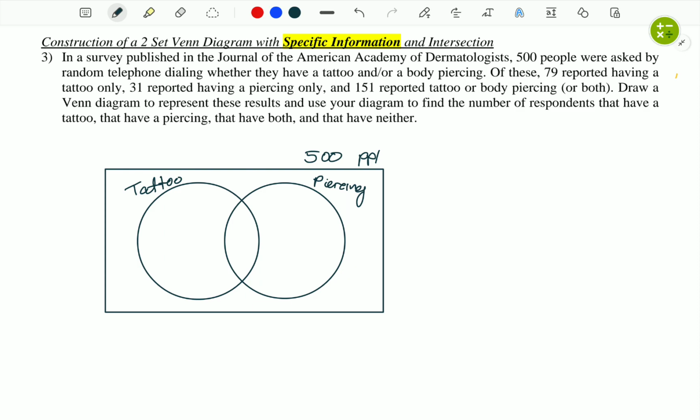Now, remember, read this backwards. Read this from bottom to top. It says here, 151 reported having a tattoo or a body piercing or both. So let's read this one more time. 151 have a tattoo or a body piercing or both.